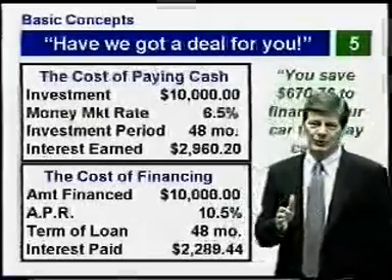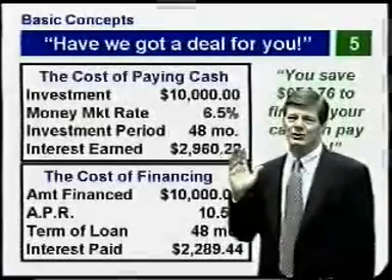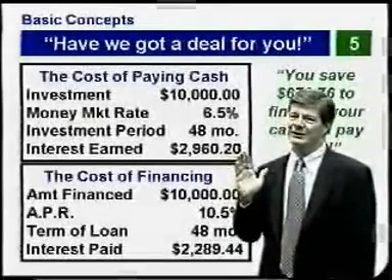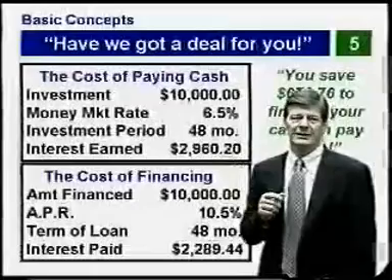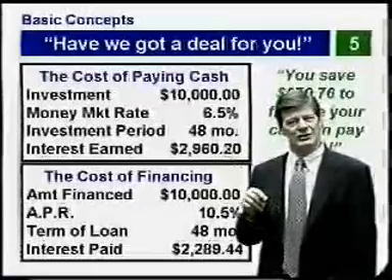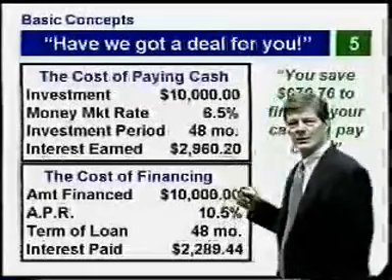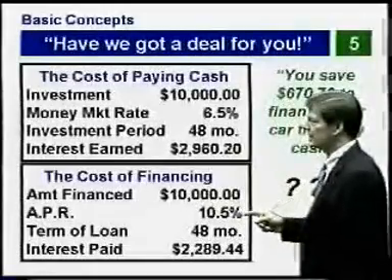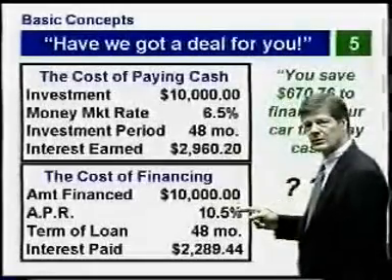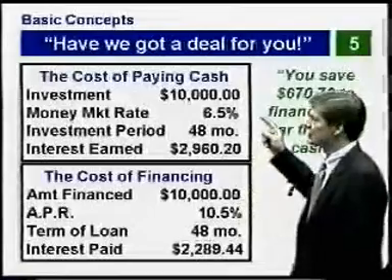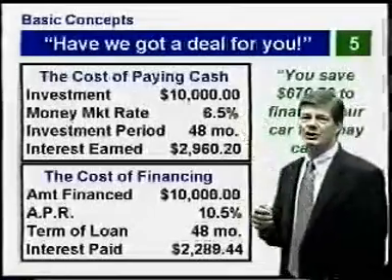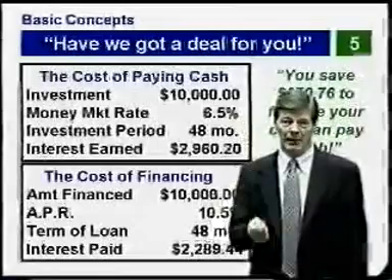Now, even at this point in the course, this ought to strike you as a rather interesting analysis. Does it make intuitive sense to you that you could borrow money at 10.5%, whereas alternatively you could invest at only 6.5% and you would actually save money?